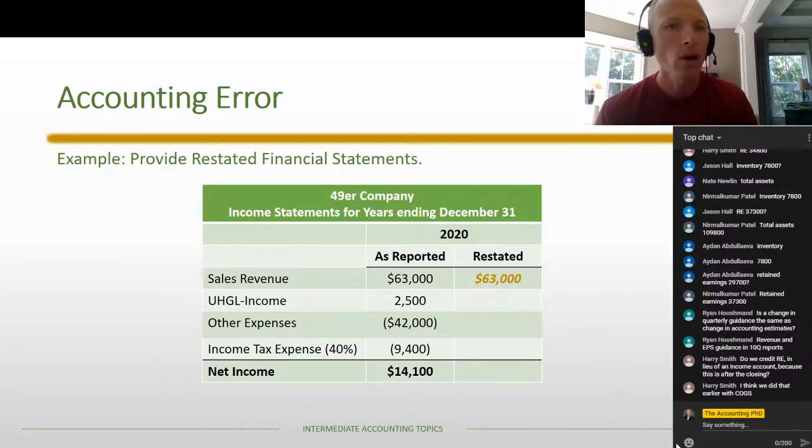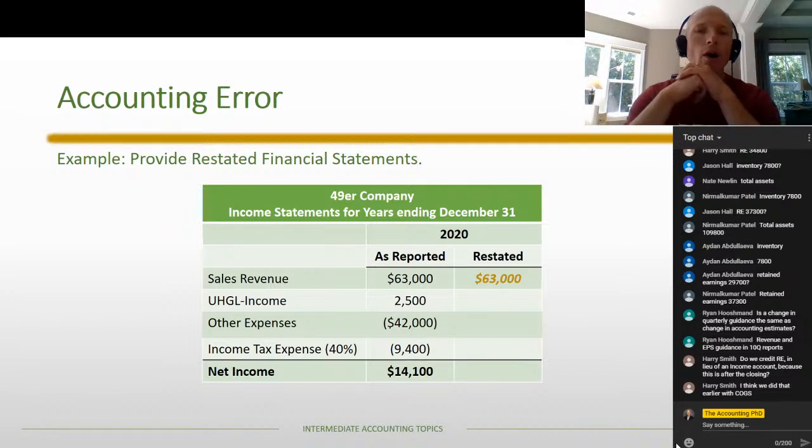All right, so now we need to continue with this error and figure out our restated financial statement. So in 2020, I've still provided the as reported amounts, the $63,000, and then the unrealized holding gain or loss is $2,500, other expenses, and the income tax expense. And so what I want you to do, and I'm going to give you a hint, I'm going to go back.